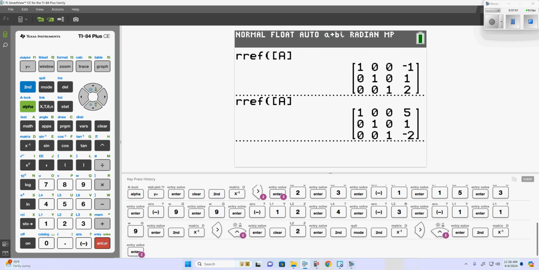So the first thing I would do, especially if the numbers look weird, go back to matrix A, second matrix edit, and just verify that a number didn't get transposed or a negative sign missed. Enter. Yep. So just hit enter one more time.